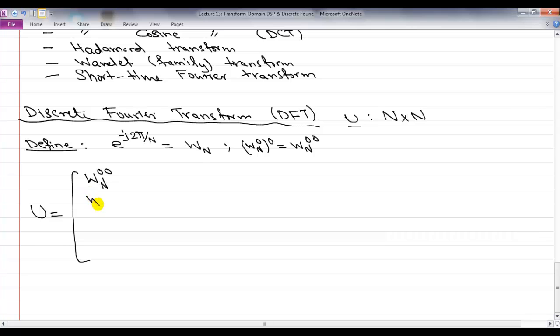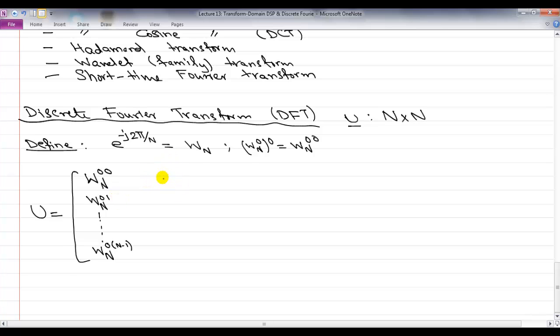Then the same one, W_N^0 and the first power of that. And we keep on going down, W_N^0 to the power n minus 1. Now you can of course simplify it because all of these have power 0, which means they are all 1. Okay, the first column is all 1. But right now I'll just keep it that way.